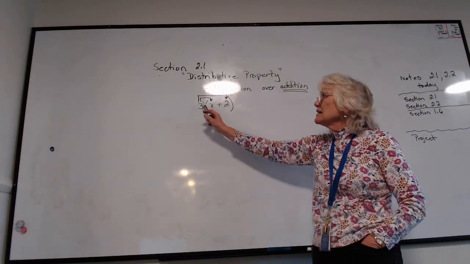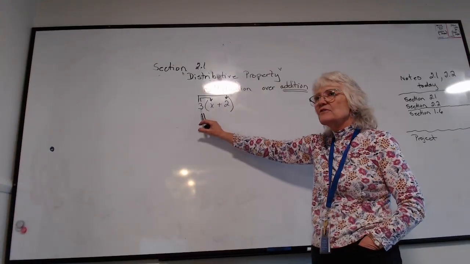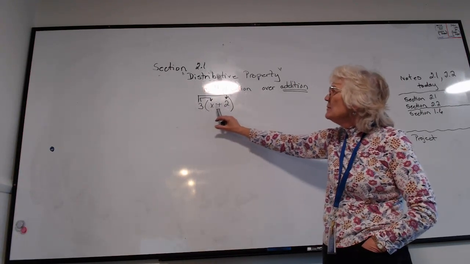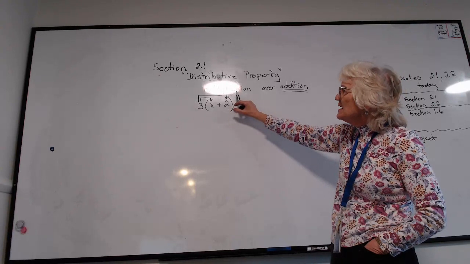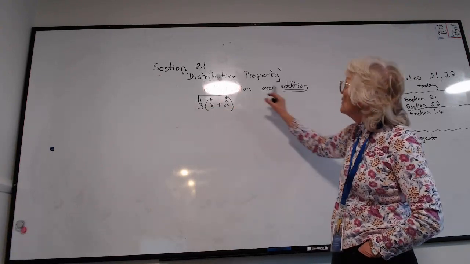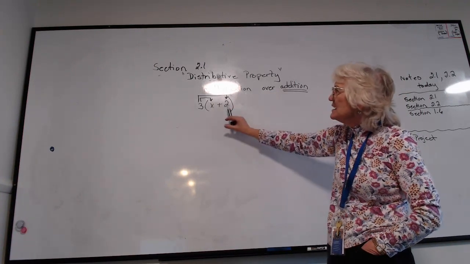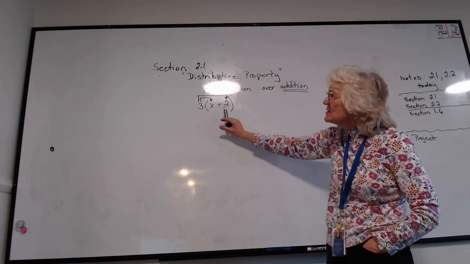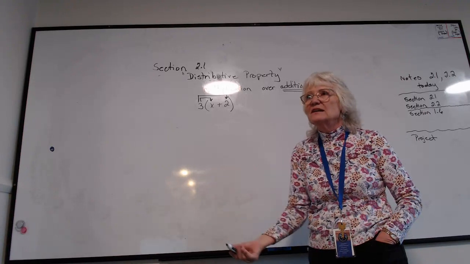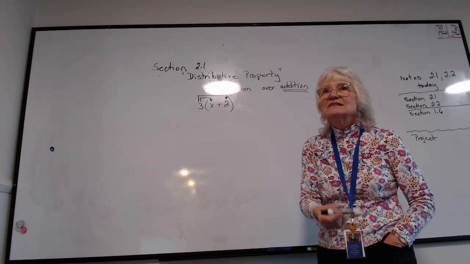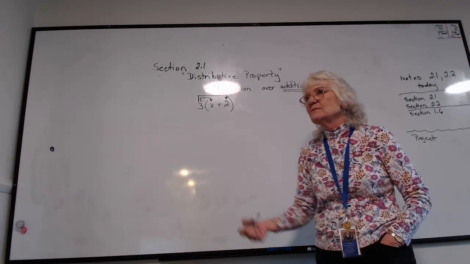I use it by indicating arrows. I'm multiplying 3 by the x, and I'm multiplying 3 by the 2. See the multiplication? It's going over the addition. So we're multiplying this, and then we're multiplying it here, so that 3 is being multiplied over the addition sign, okay? That removes the parenthesis, because now we've taken and we've done that multiplication.